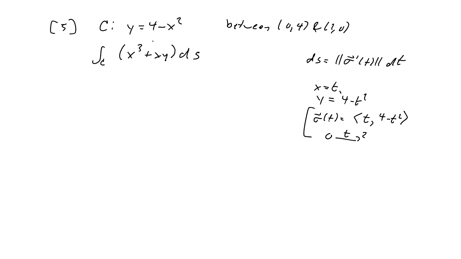So now let's calculate ds. ds is the magnitude of sigma prime of t dt. The derivative of sigma is going to be 1, negative 2t.